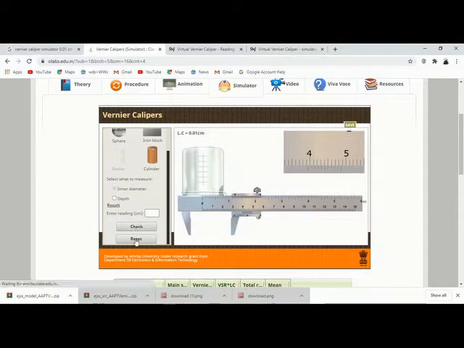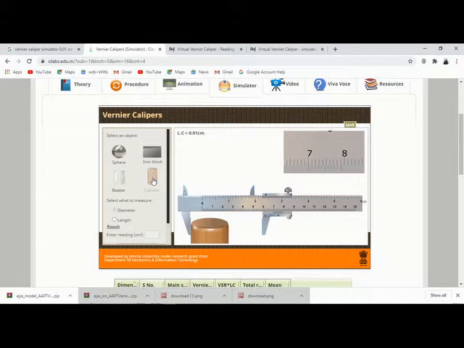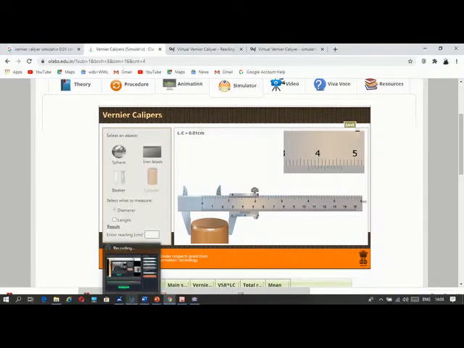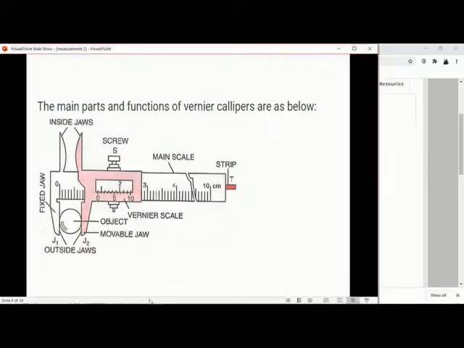Or you have a cylinder. You want to measure the external diameter. Slide over like this. Then you measure. So we resume on what we are talking about.